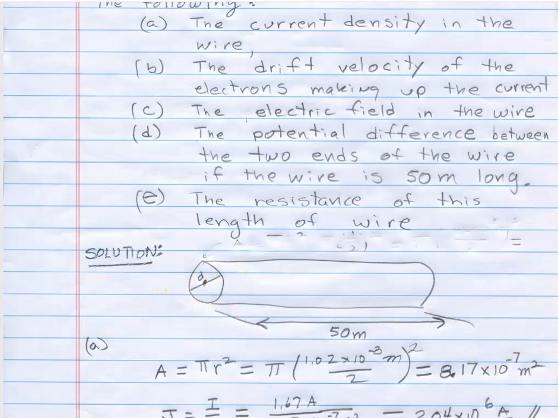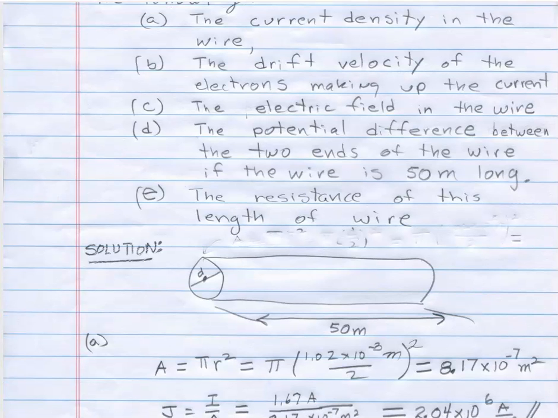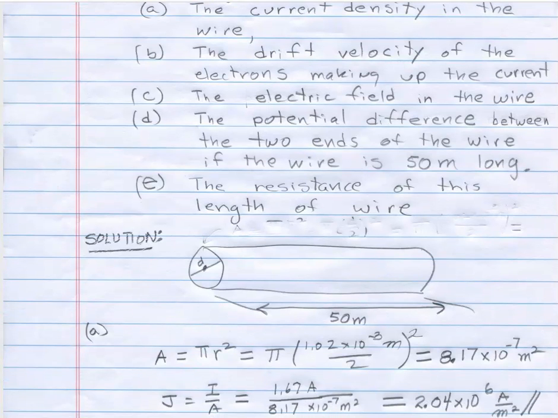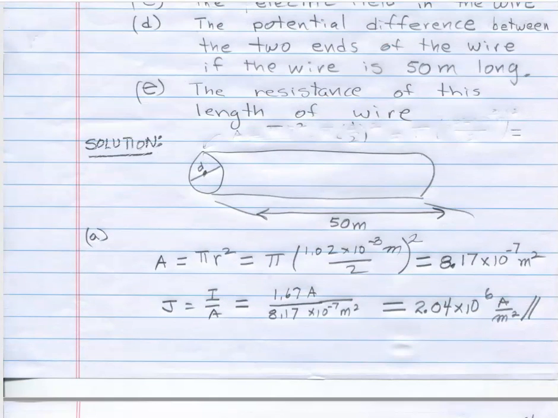The area of that circle is pi r squared, and the radius is half the diameter, so 1.02 times 10 to the minus 3 meters, since a millimeter is 10 to the minus 3 meters. I take half of that to get the radius and then square it. When I did it on my calculator just a few minutes ago, I got 8.17 times 10 to the minus 7th square meters.